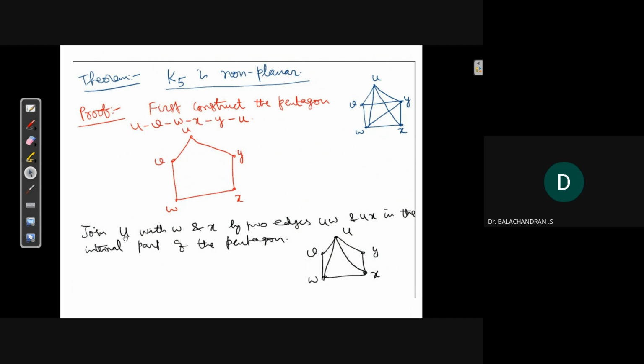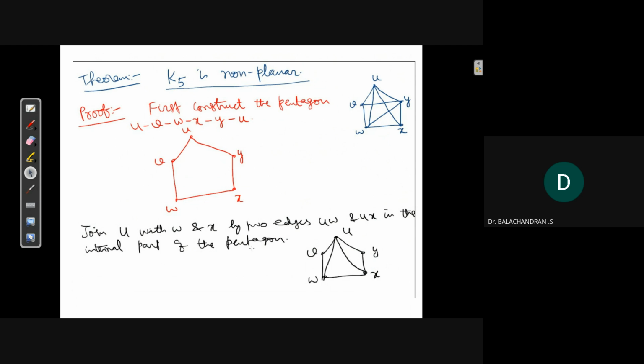Next, join U with W and X. You should draw this diagram, but you should also write what you are going to do. Join U with W and X by 2 edges, UW and UX, in the internal part of the pentagon.